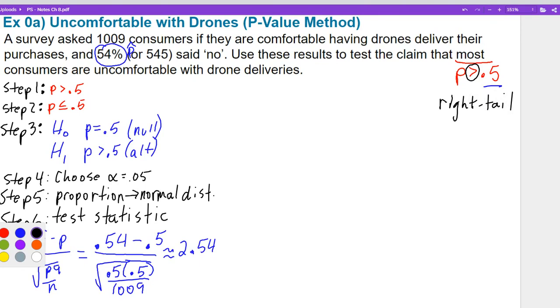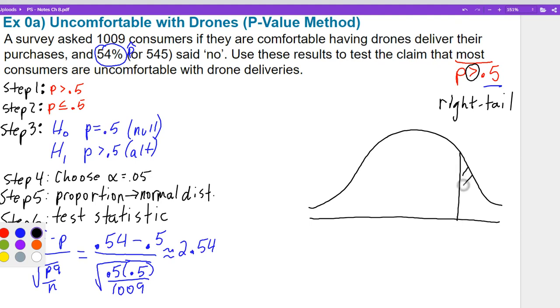We've got the same normal distribution picture that we've seen a lot of times, but we know we're talking about a right-tailed picture. And this picture has two numbers attached to it. There's this z value, and this p value is the area under the curve.